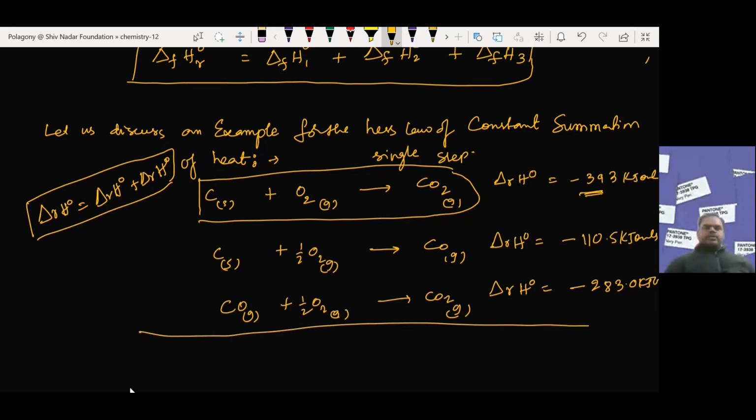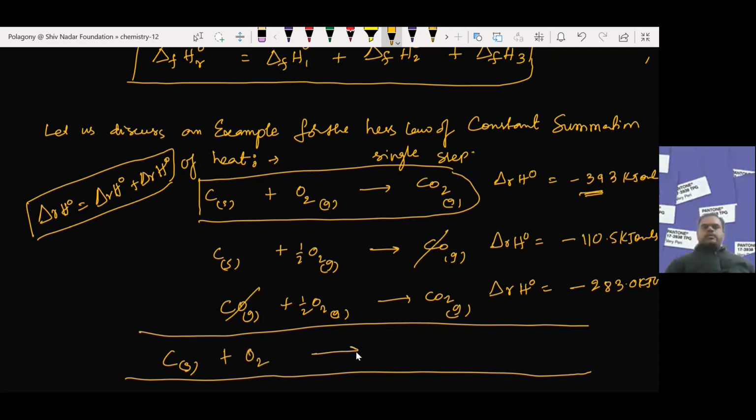Now if you combine these two equations to get the desired equation, solid carbon combines with oxygen to give carbon monoxide, and the carbon monoxide is cancelled.